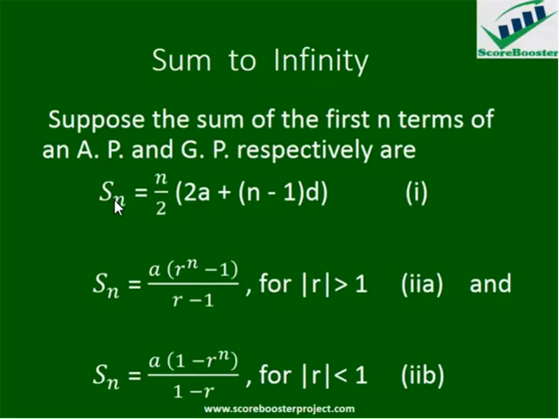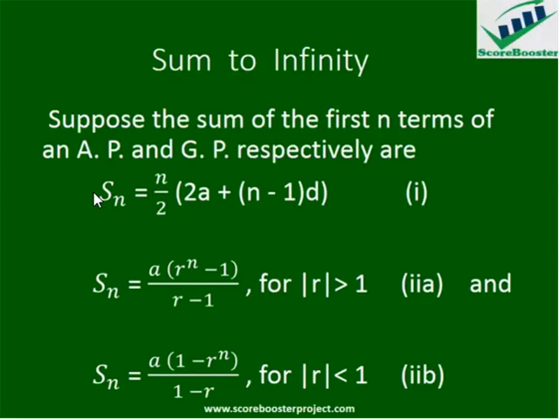So now let's start with when n is 4. We already have the assumed value of a to be 2 and the assumed value of d to be 4. So S4 will now be equal to 4 over 2 into 2 multiplied by 2 plus 4 minus 1 multiplied by 4. If that is evaluated, we get the value of S4 to be equal to 32. So you can see that when n is 4, Sn is 32.